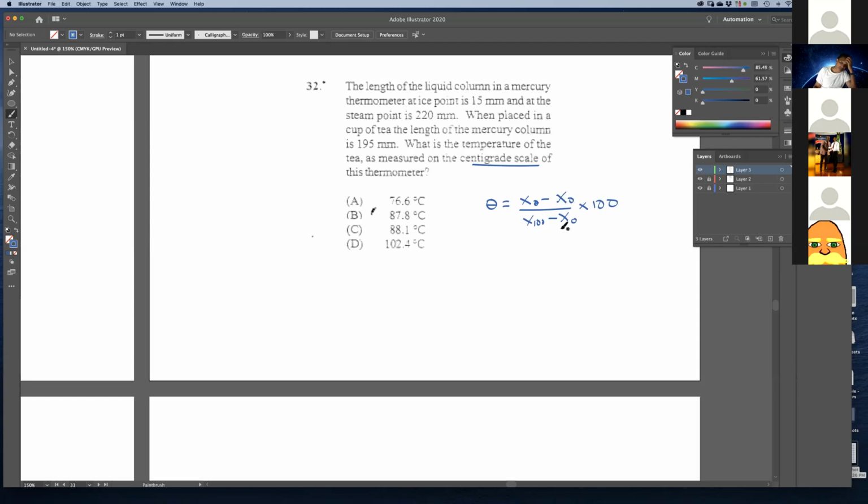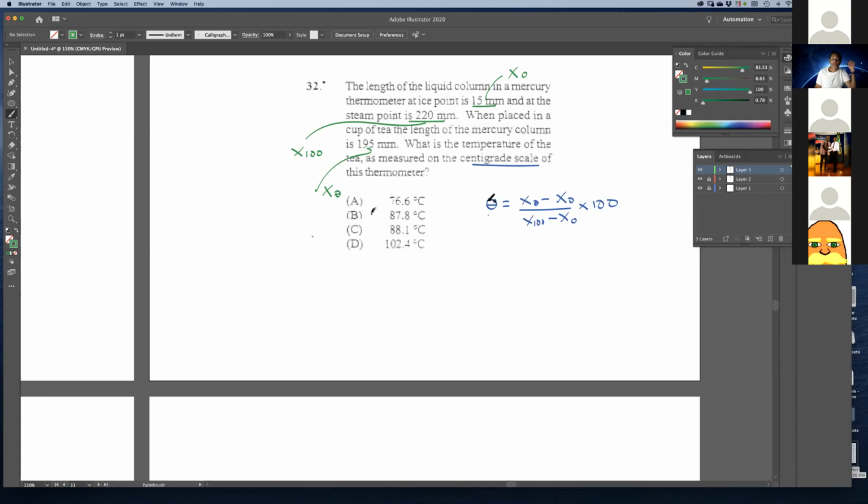We ought to know that, but I trust you do. At the ice point, this is my x0. The steam point is my x100. And this would be my x theta. We just have to substitute these and solve.